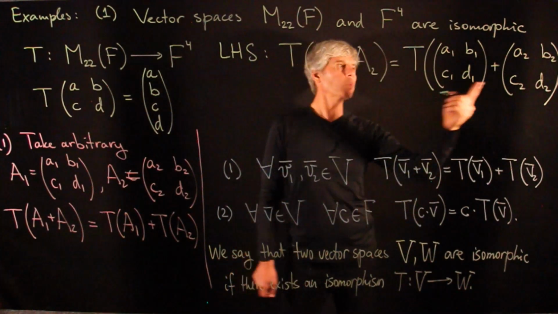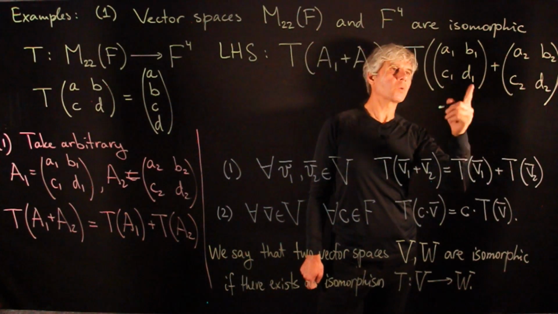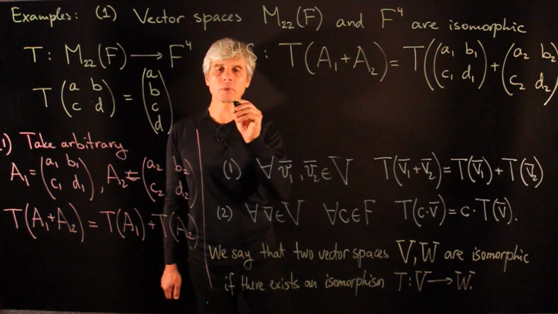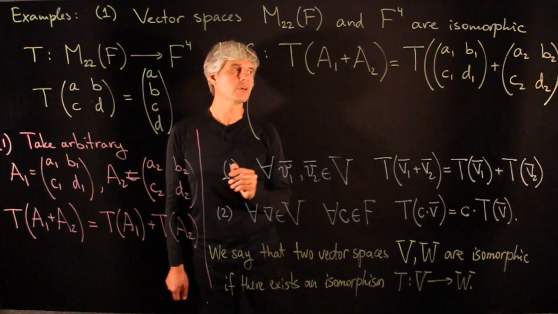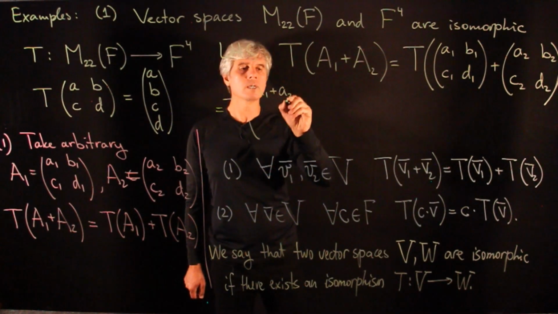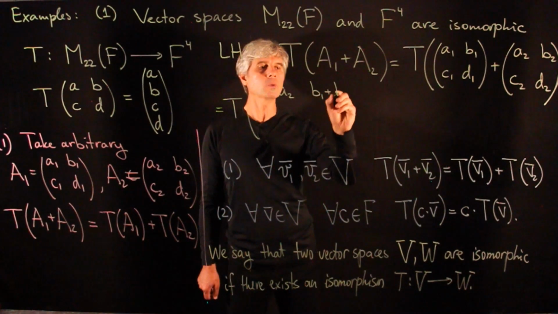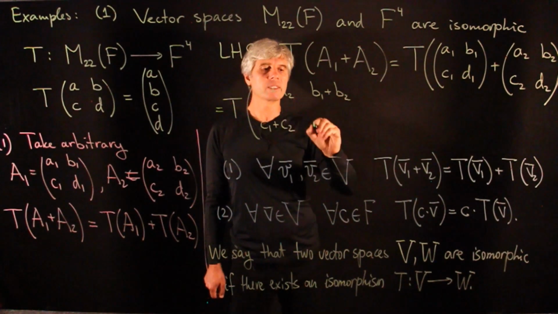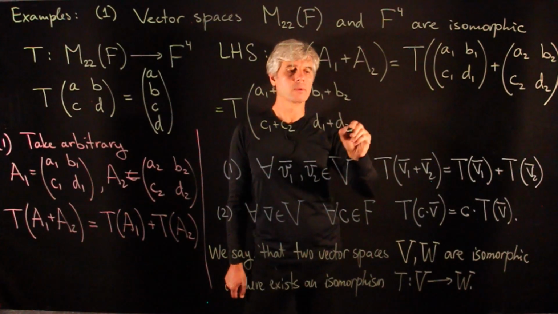Now, how do we add 2 matrices? We add 2 matrices component-wise. So this is equal to T of the following sum of 2 matrices. We have A1 plus A2, B1 plus B2, C1 plus C2, and D1 plus D2.